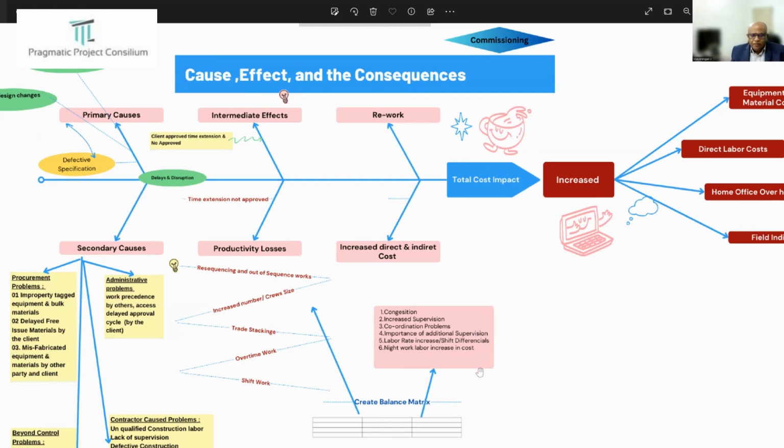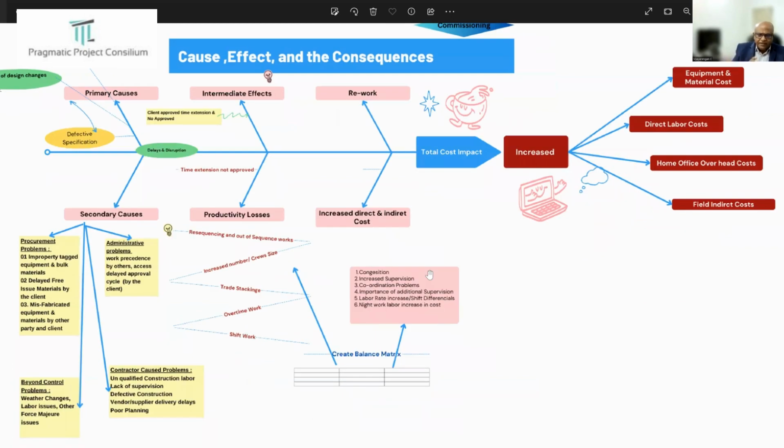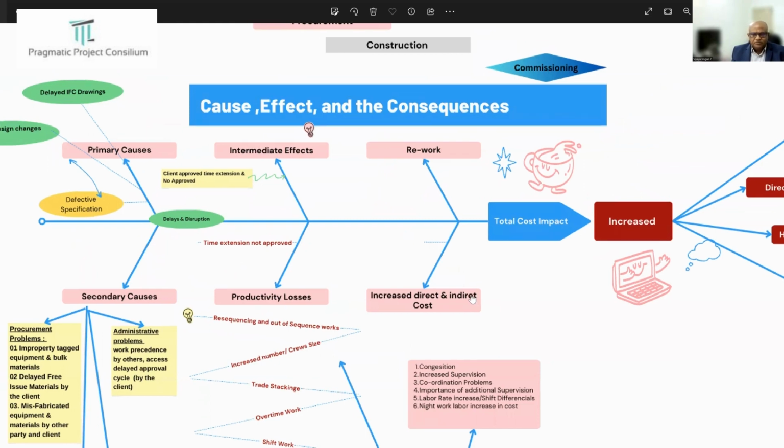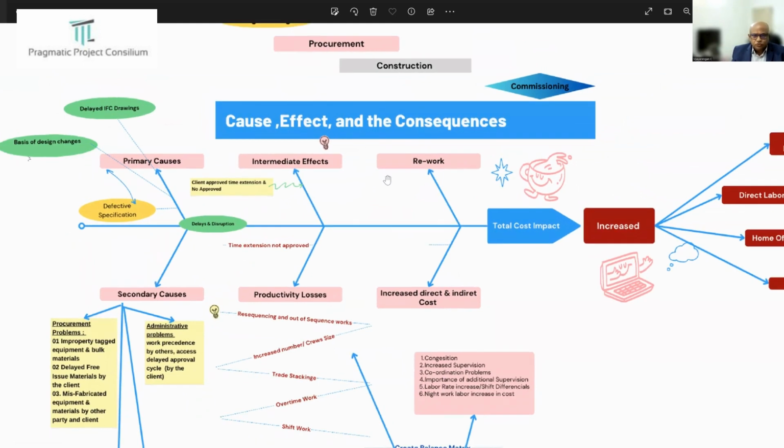And now we have to build the matrix with congestion, increased supervision, coordination problems, additional supervision, labor rate increases, shift differentials, and night work labor increases. So the increased direct cost and the productivity losses, we have to create a balanced matrix and identify the effect properly. Sometimes the drawings given are not correct, or there are specification changes, and therefore the contractor is forced to do rework also.